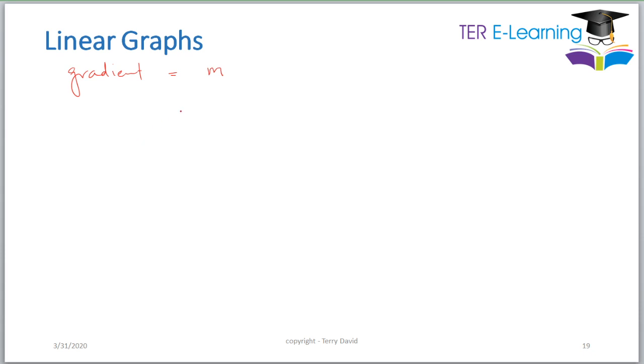Now, just by looking at a graph, you should be able to tell if the gradient of a line is positive, if the gradient is 0, or if the gradient is negative, right? So if I draw a graph for you, you should be able to just look at it and tell me if it has a positive gradient, 0 gradient, or a negative gradient.